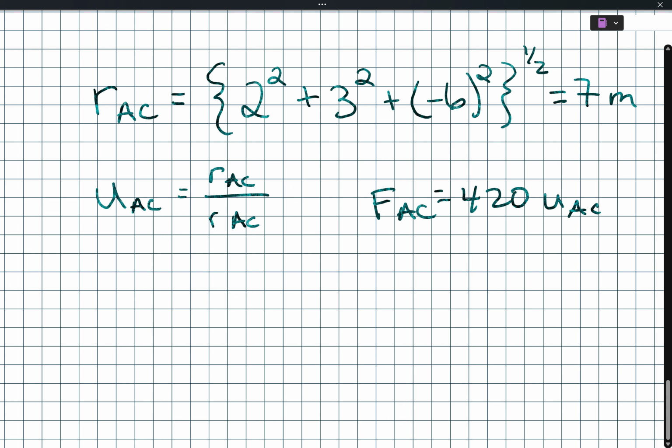So that's going to equal 420 times r sub AC over the magnitude of r sub AC.